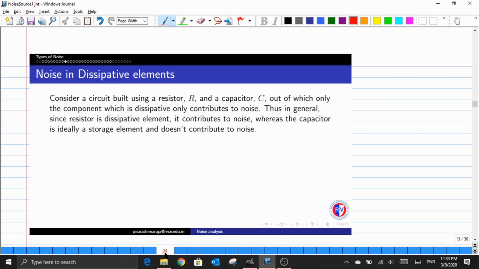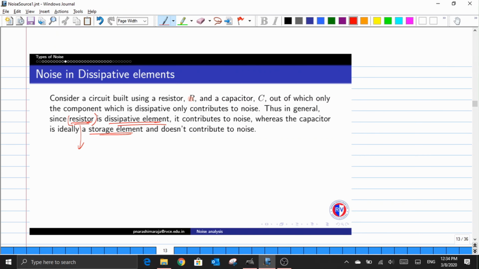A resistor, as we know, is a dissipative element, whereas a capacitor ideally is a storage element. So among these two elements, it's only the resistor that contributes to the thermal noise. It's not the capacitor. This is an important note that has to be remembered when we analyze noise for any given circuit.